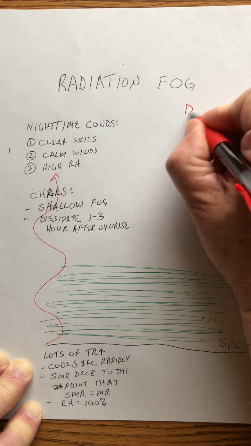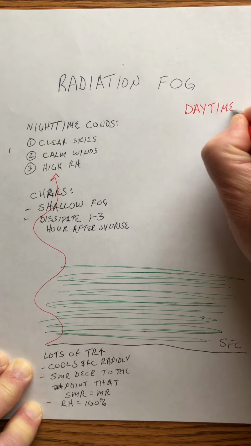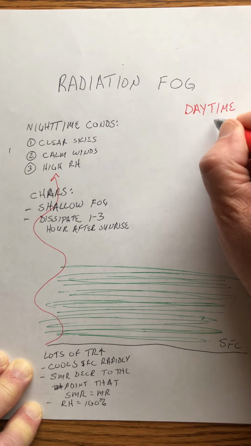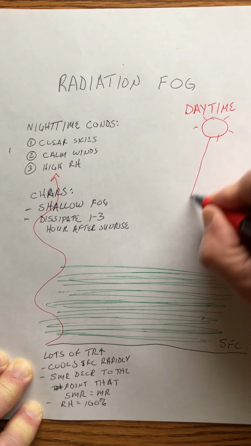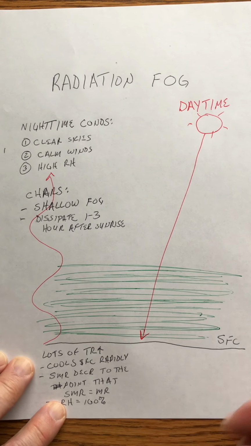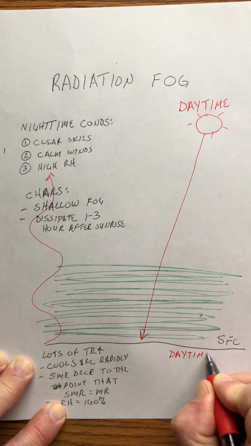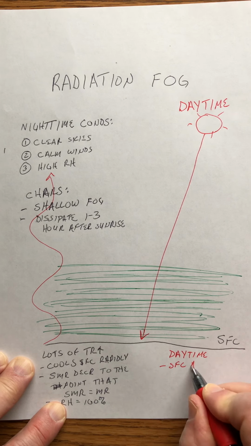So why we use those is that during the daytime then, once the sun comes out, so remember at nighttime it was clear skies, and so during the daytime when the sun comes up, there's not going to be any clouds around, and so the sun will shine down towards the surface, and in the daytime the surface absorbs solar radiation.